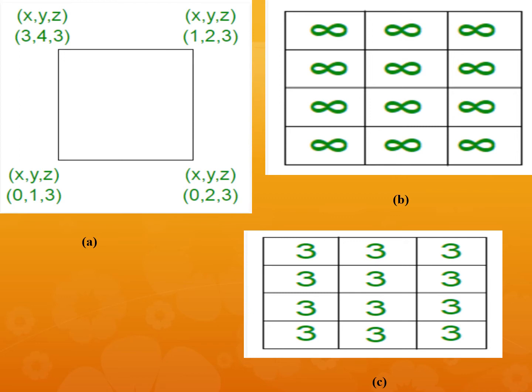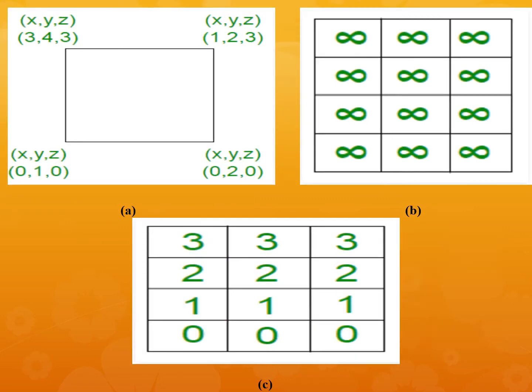Now, let's change the z values in the figure given below. The z values go from 0 to 3. So here we have changed the z value from 0 to 3. In the beginning, the depth of each pixel will be infinite. Now the z values generated on the pixels will be different. Therefore, in the Z-buffer method, each surface is processed separately, one position at a time across the surface.